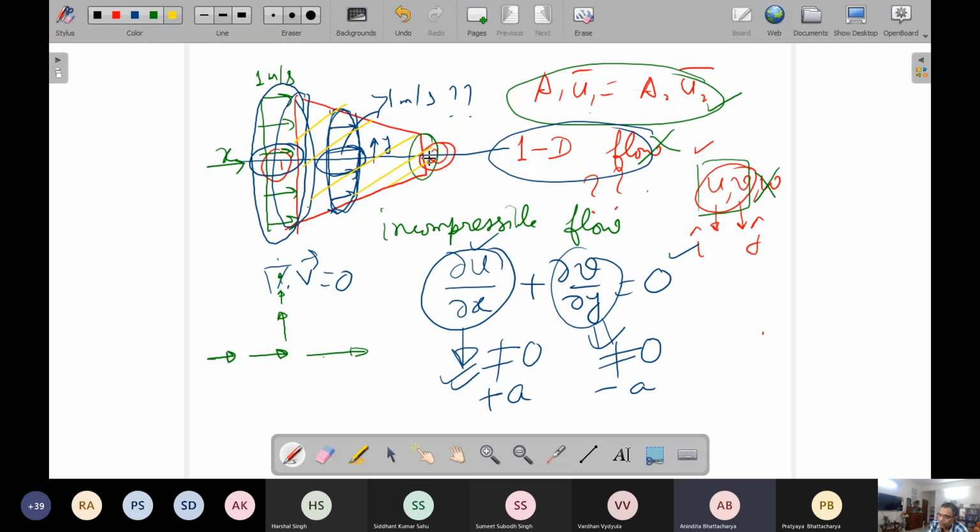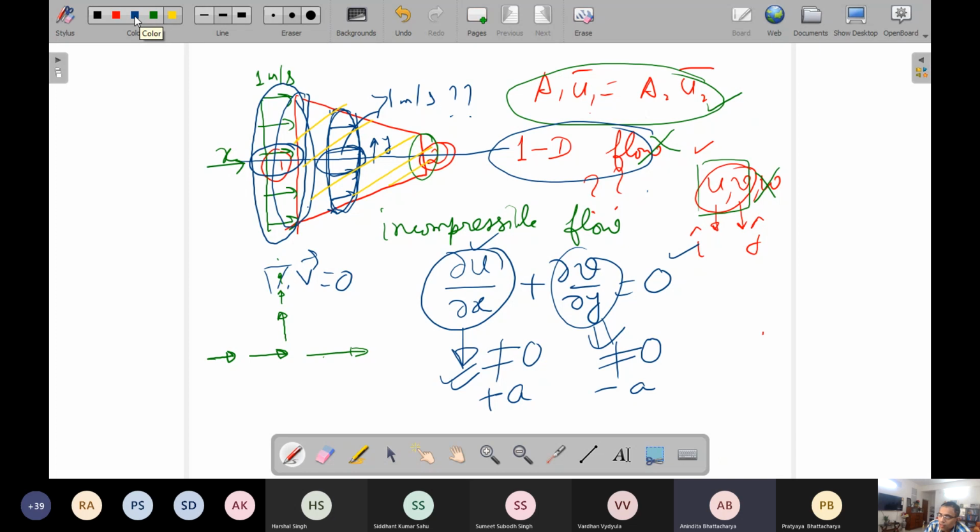We only have to bother at 1 and 2, because this is obtained after integrating the continuity, the integral form. So at 1 and 2, it doesn't also have to be one-dimensional at these locations. This is very important. I mean, you might think it has to be. It doesn't have to be.